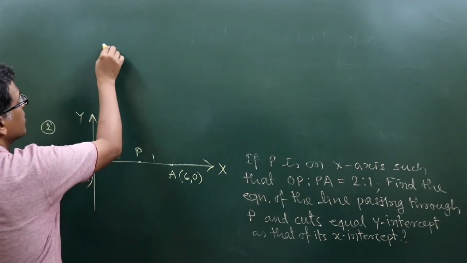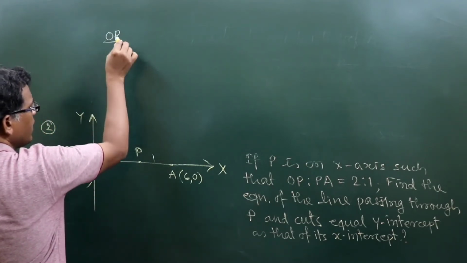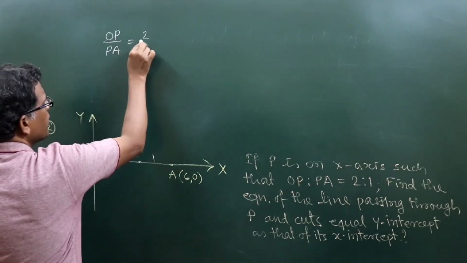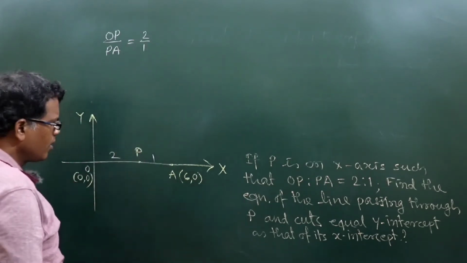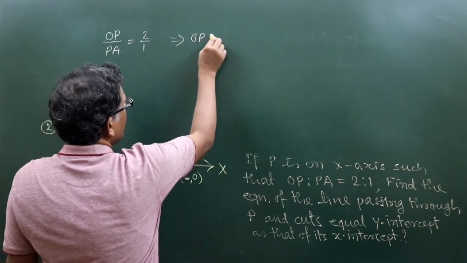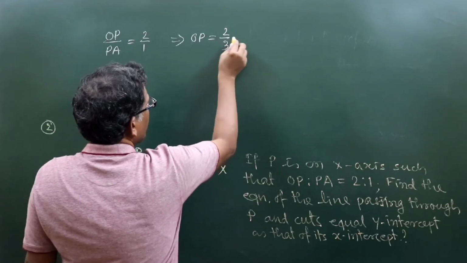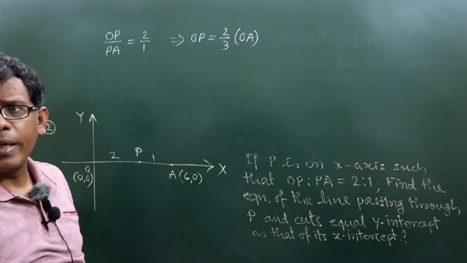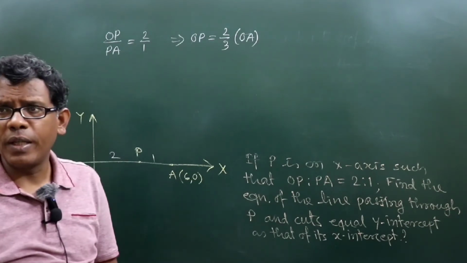So if OP by PA is 2:1, right? This implies that OP will be 2/3 of OA, isn't it?